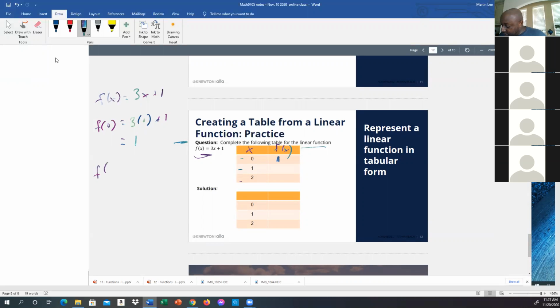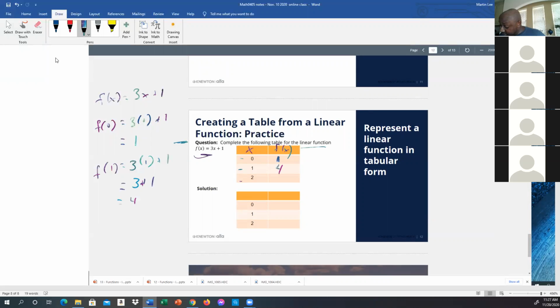Now when x equals 1, I get 3 times 1 plus 1. All right, 3 times 1 is 3, plus 1 equals 4. So put 4 in the table.